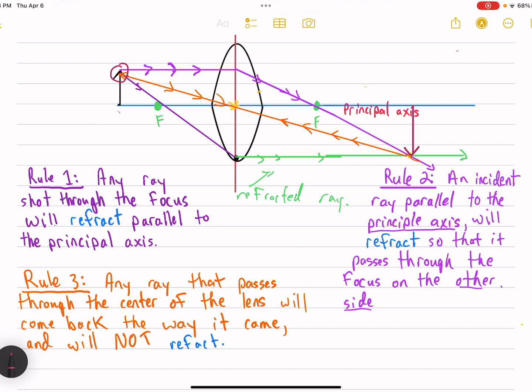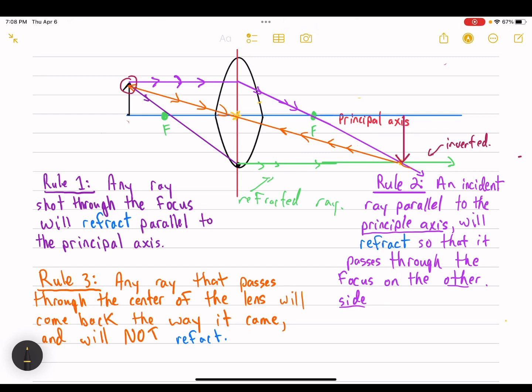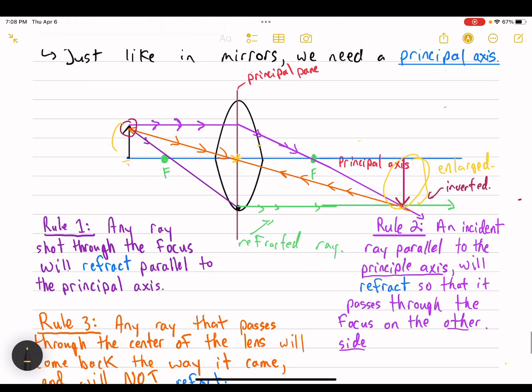And I would see that my object is inverted. It also forms, if we compare the two, an enlarged image as well. So the image over here is significantly bigger than the object. So we're going to write enlarged as well. And so when it comes to a converging lens, it'll always be producing an image that is enlarged and inverted.